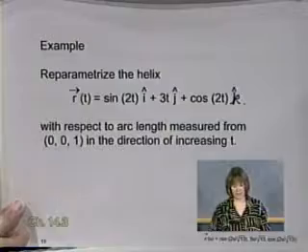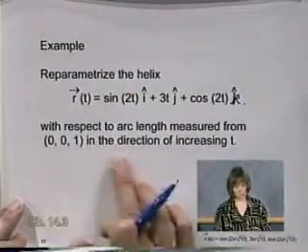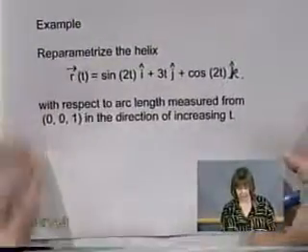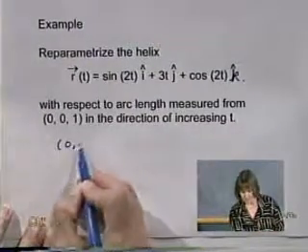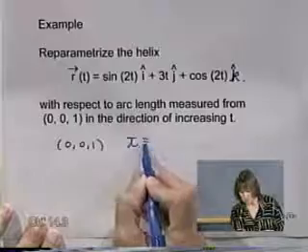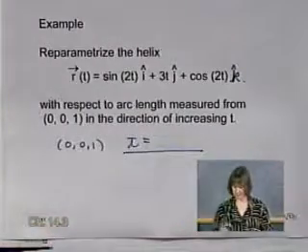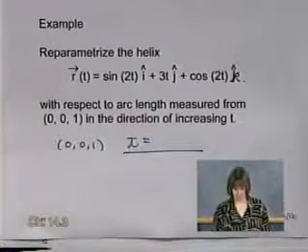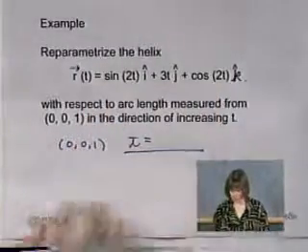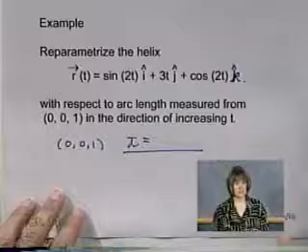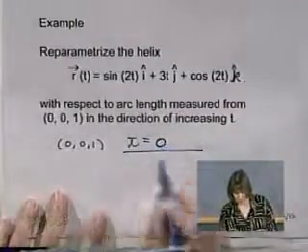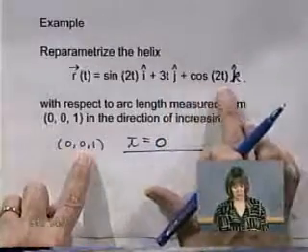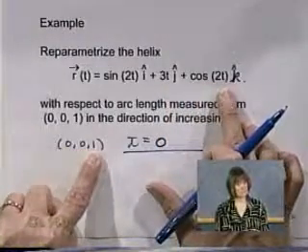With respect to arc length measured from 0, 0, 1 in the direction of increasing t. Now, first of all, I have to know the point 0, 0, 1 corresponds to t equals what? What t equals what will give me that point? 0? Sure, 0. If you plug a 0 in here, sine of 0 is 0, 3 times 0 is 0, cosine of 0 is 1.